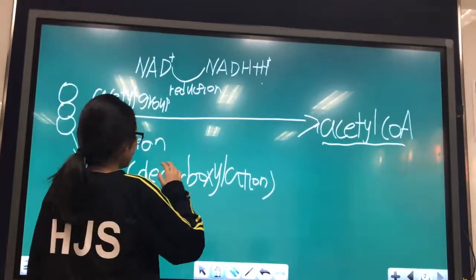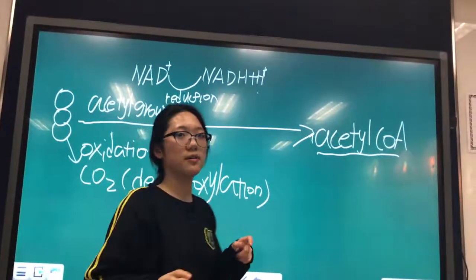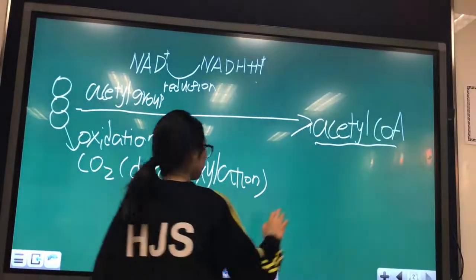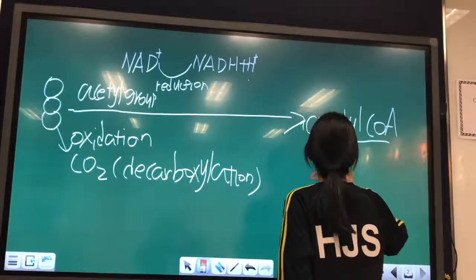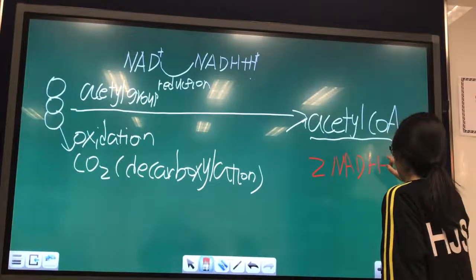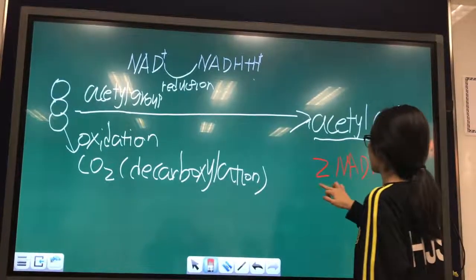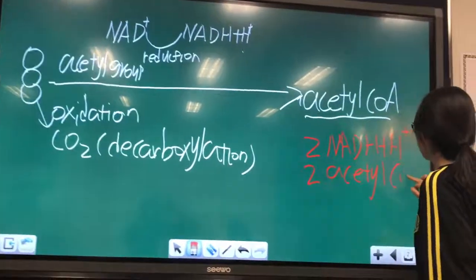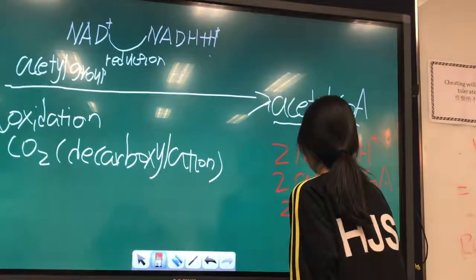And per glucose molecule will involve 2 NADH plus H plus, 2 acetyl coenzyme A, and 2 carbon dioxide.